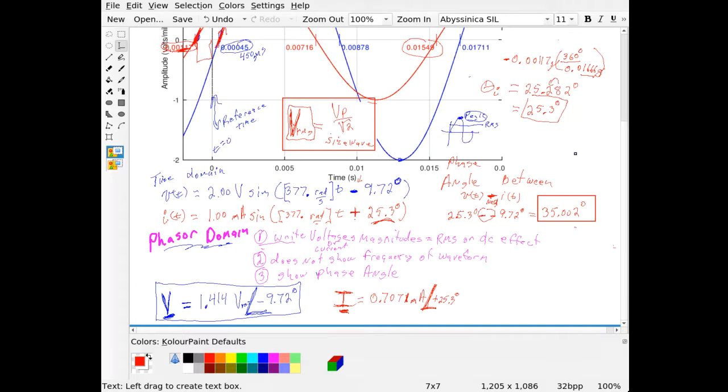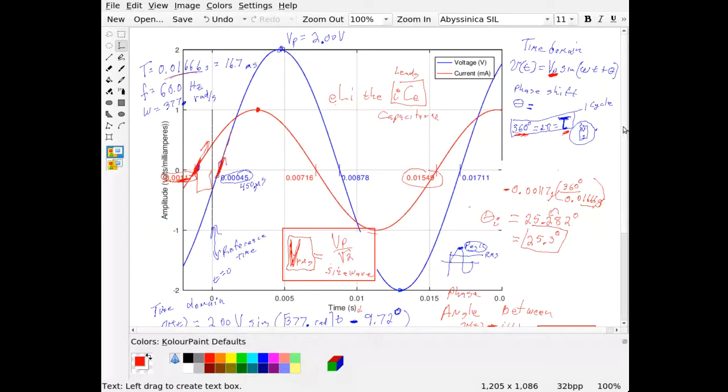And you can go back through there. But all right, if there's no questions at this point, I want to talk about Ohm's law next.